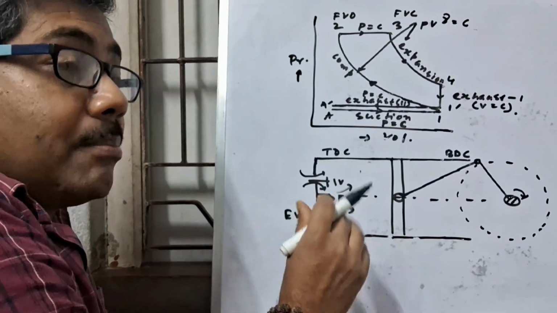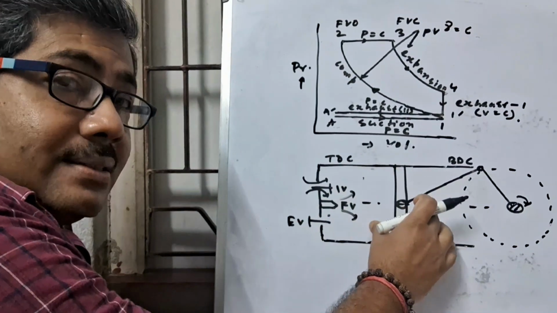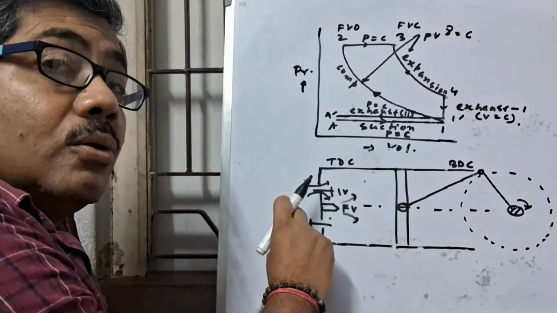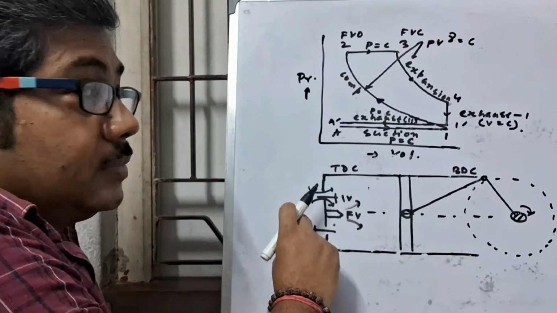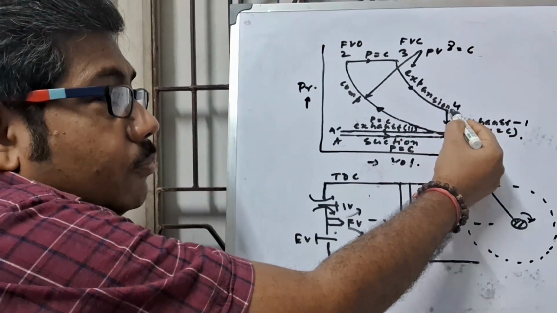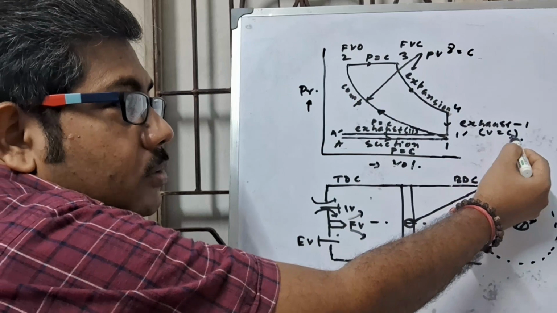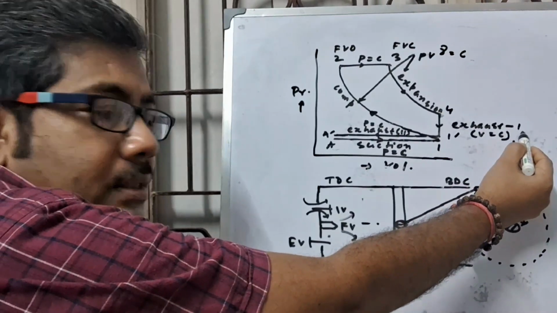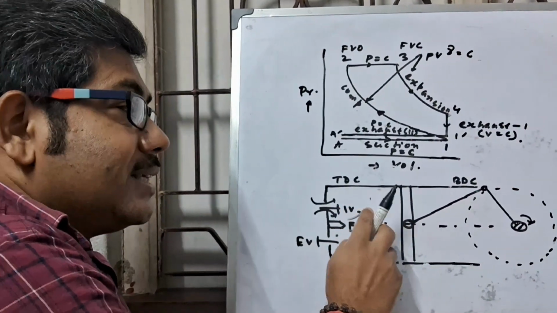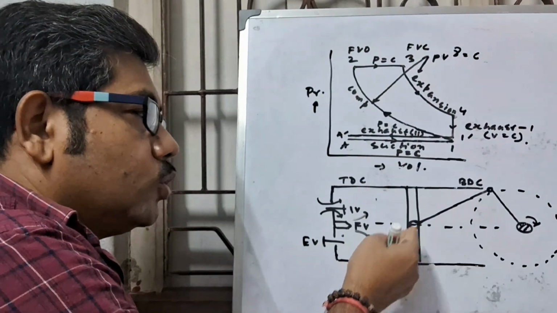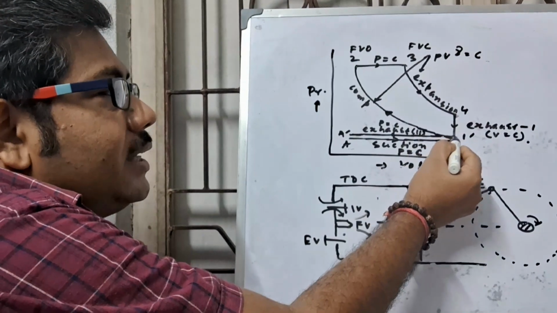At the first stage, the major part of the burned gases escapes due to its own expansion at constant volume. This is 4 to 1 dash, volume equal to constant, exhaust first part. And the rest is pushed by the piston at constant pressure.